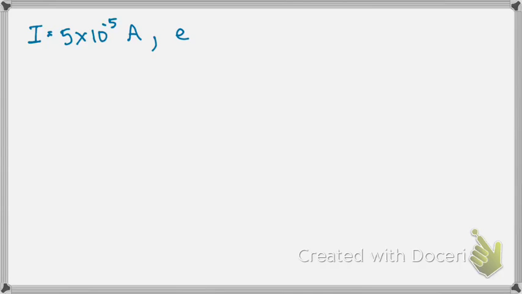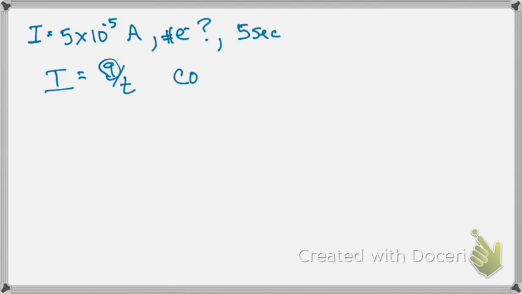They want to know the number of electrons that strike the screen in 5 seconds. So the equation we want to use is I is Q over T, but Q is the charge in coulombs. That's not going to tell us the number of electrons, well, not directly at least, but we'll go with that first.